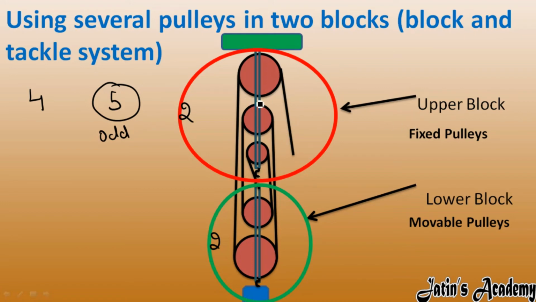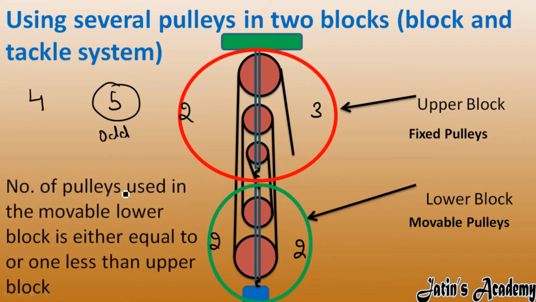So here we will see 3 pulleys and here we will take only 2 pulleys. So for 5 it is 3 and 2, and if 4 then 2 and 2. It means that the number of pulleys used in the movable lower block is either equal to or one less than the upper block. Clear?